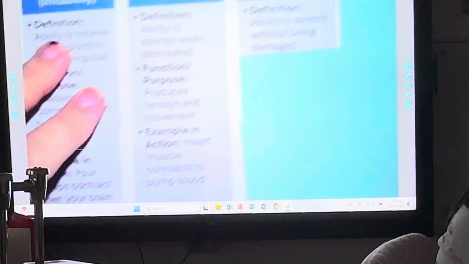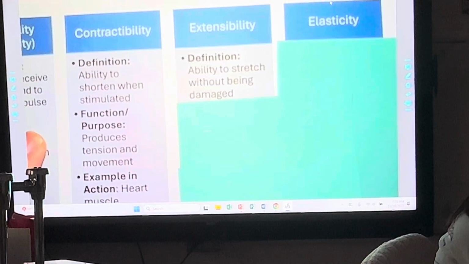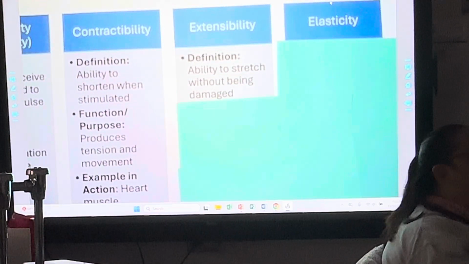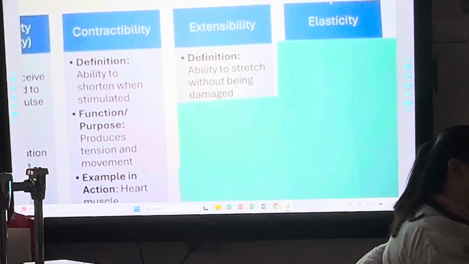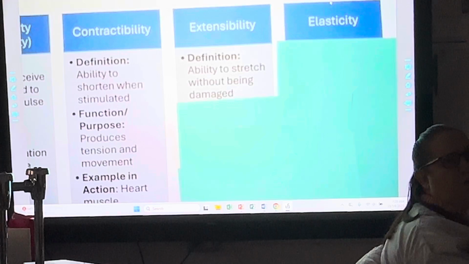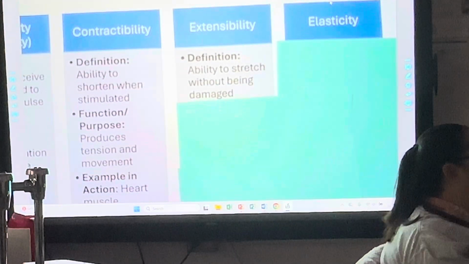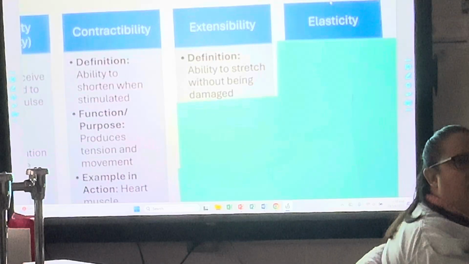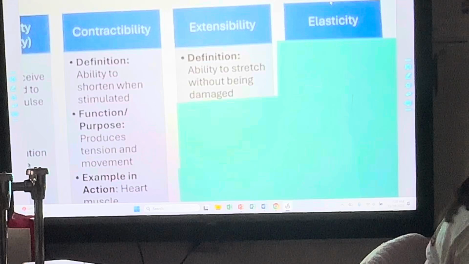So next we have extensibility. And this is the ability to stretch without being damaged. So the idea with these muscles is that they can contract and relax. They can make these motions without overly tearing or damaging. Because if we damage it every time that we contract and relax these muscles, then we really can't function.